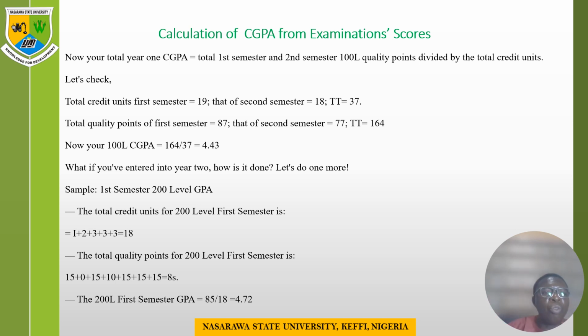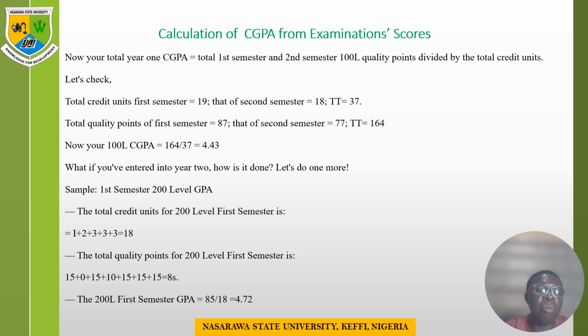So now your year 1 CGPA, combining first semester and second semester of 100 level, is total quality point divided by total credit units. Let's check. Total credit units: first semester 19, second semester 18, which equals 37. Total quality point: first semester 87, second semester 77, which is 164.